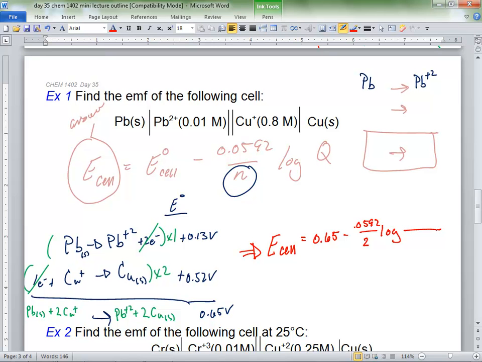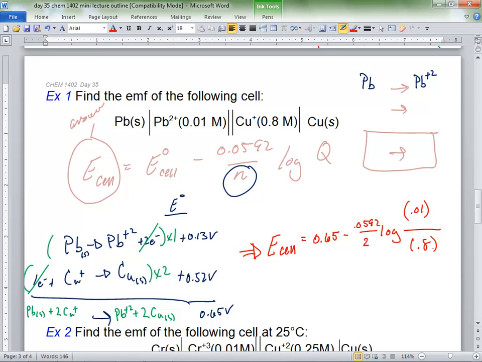Okay? Now what are you going to put in for your Q here? It would be what over what? 0.01 all over... Close. Just forgot to do what? Because she's right, solids don't show up.